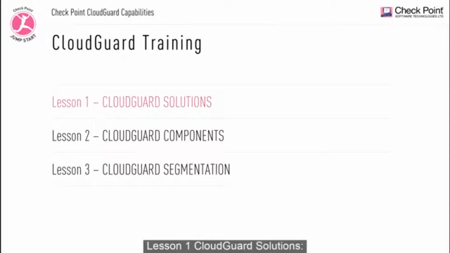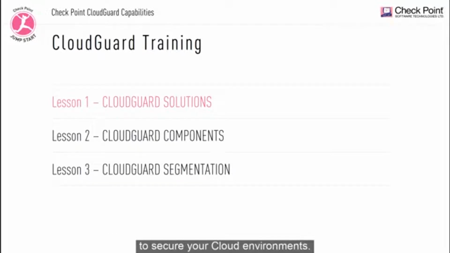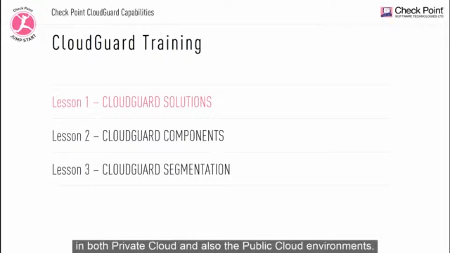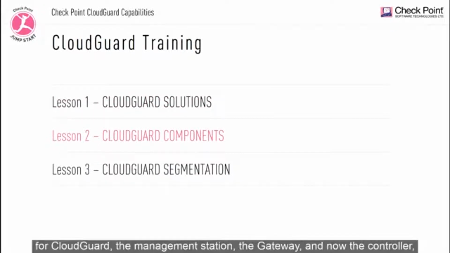Lesson 1, CloudGuard Solutions. Here, we'll look at Checkpoint CloudGuard security solutions to secure your cloud environments. We will look at some of the CloudGuard capabilities in both the private cloud and also the public cloud environment. Lesson 2, CloudGuard Components. In this lesson, we'll take a look at the components for CloudGuard: the management station, the gateway, and now the controller.